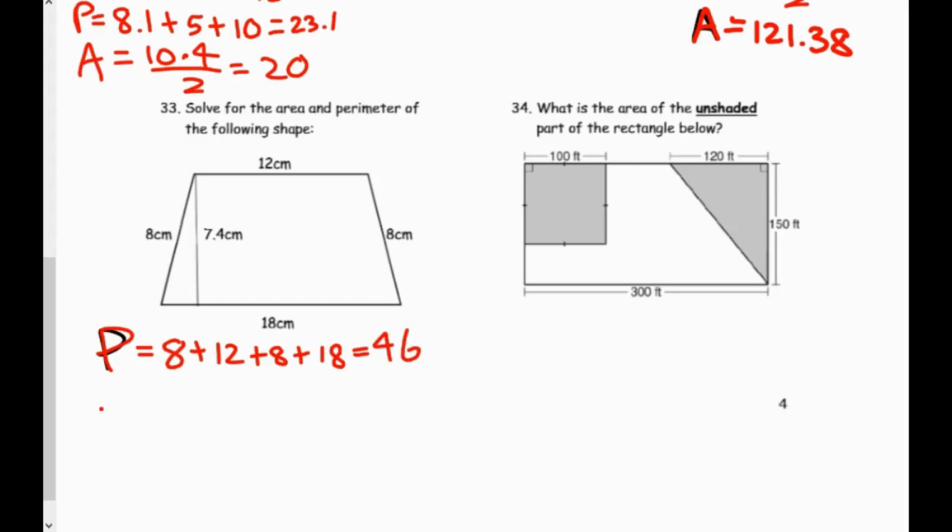Okay, and the area is just base times height. 18 times 7.4. No, that's not true. Hold on. For a trapezoid, if we look at our formula chart, one half base 1 plus base 2 times the height.